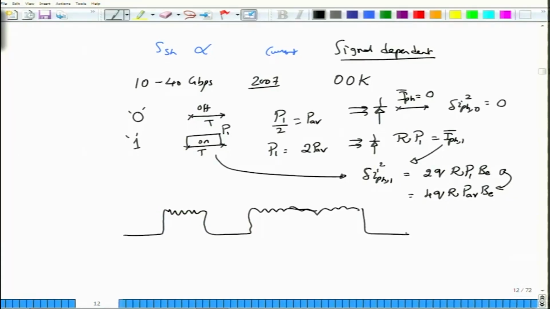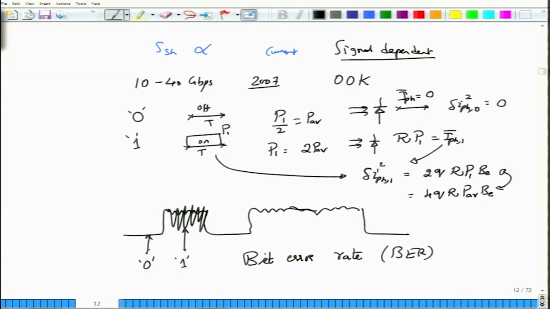This is how the bits would actually be received, and if this noise is large, then there might be a situation where, when you sample the output, the sampled outputs will be so close to each other that you won't be able to tell whether a sample came from a symbol 0 or a symbol 1. Therefore you commit errors called bit errors, and the rate at which you commit these errors is called the bit error rate, BER, that characterizes this on-off keying system.